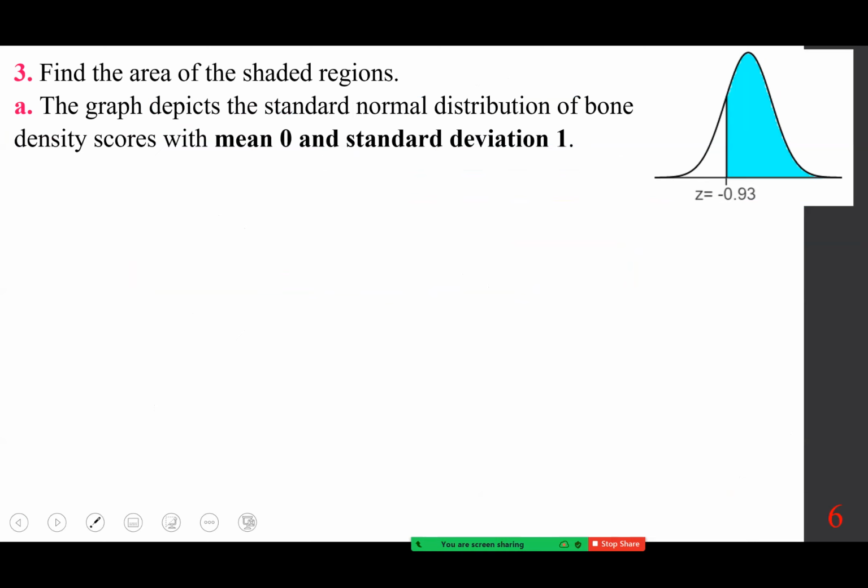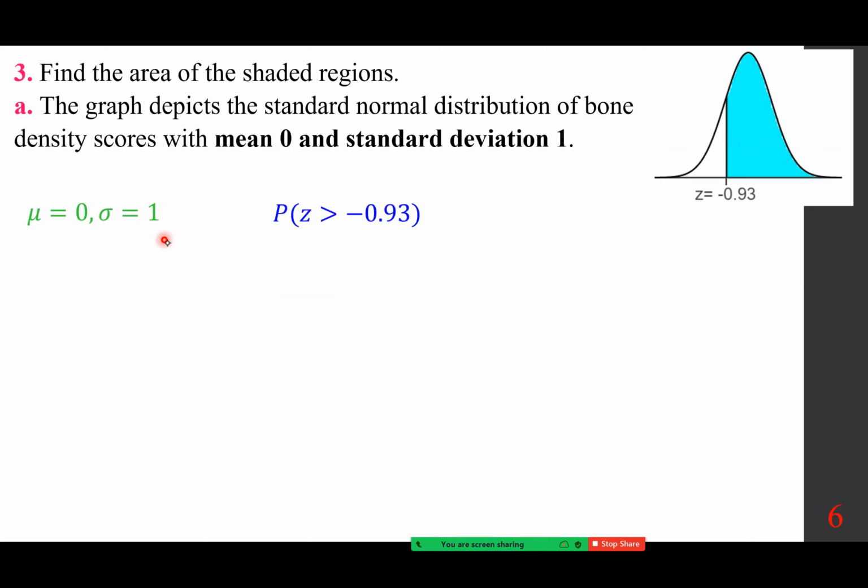We want to find the area of the shaded region. The graph depicts the standard normal distribution of a bone density score with mean of 0 and standard deviation of 1. So we want this area. We want the probability of z larger than that, where mu is 0, sigma is 1. It's SND, standard normal distribution.